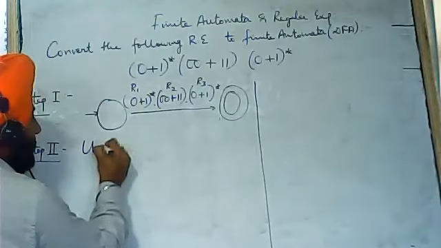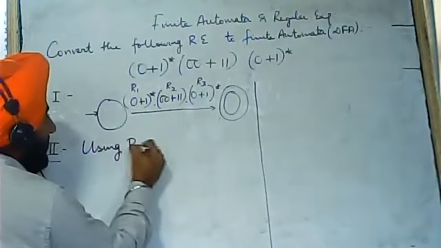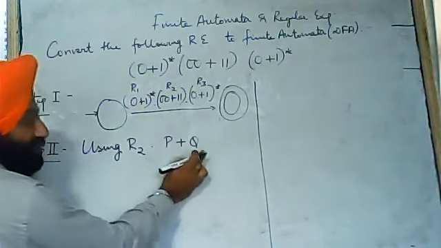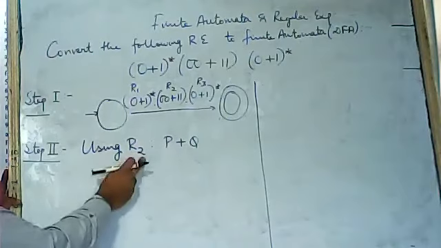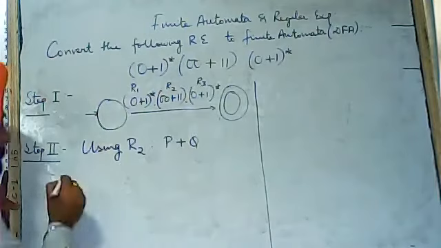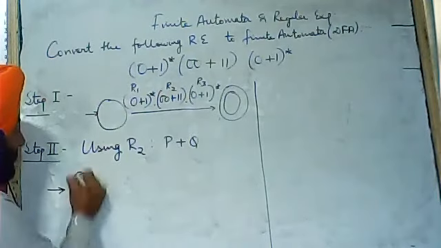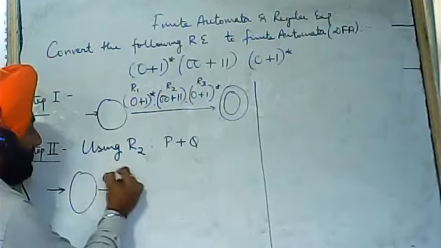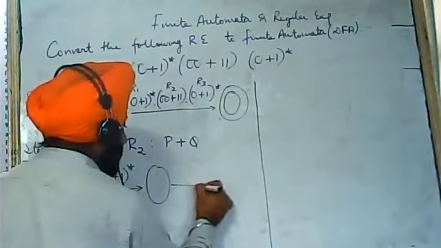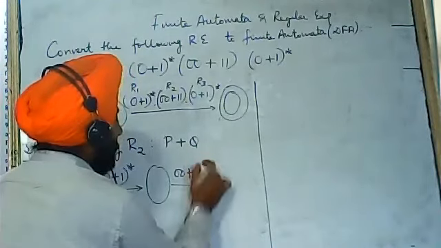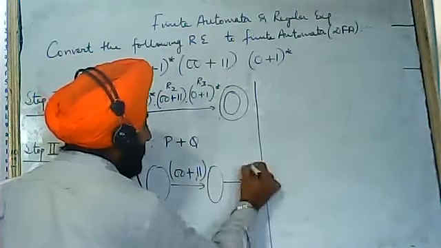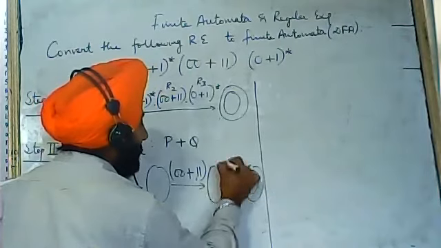Here you need to write using R2. R2 is P dot Q, where P and Q are the two regular expressions. So R2 means rule number 2, right? According to rule number 2, your diagram will look like this: (0+1)*, a state, then (00+11), a state, then (0+1)* leading to your final state.